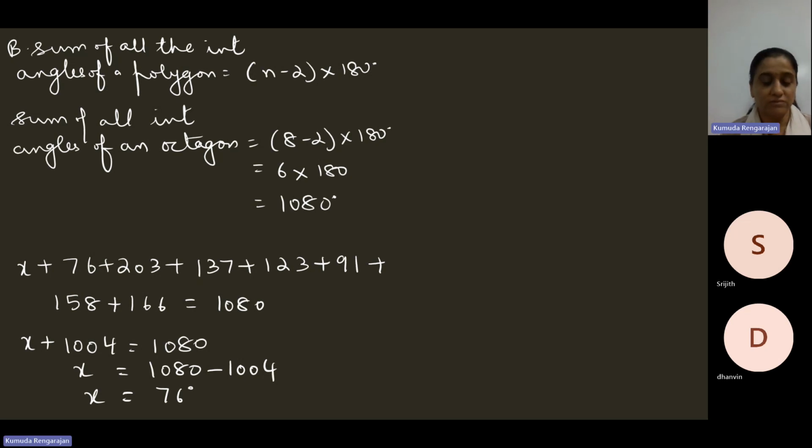I'm getting a different figure. Please check the total of the numbers on the left-hand side, children.